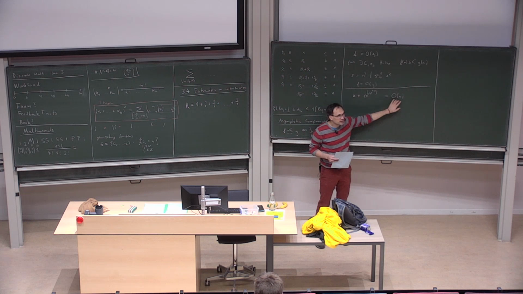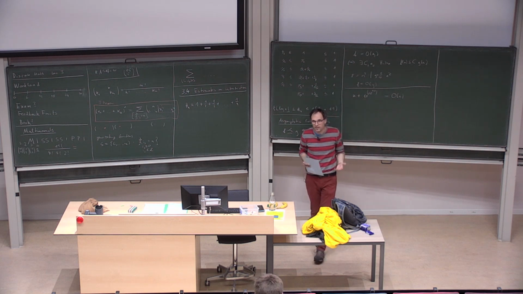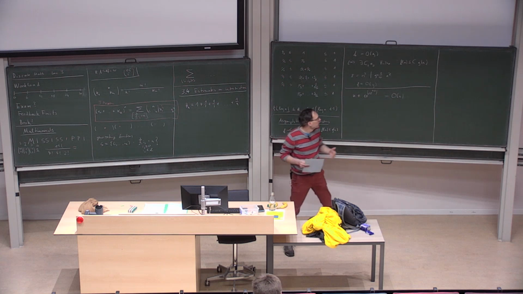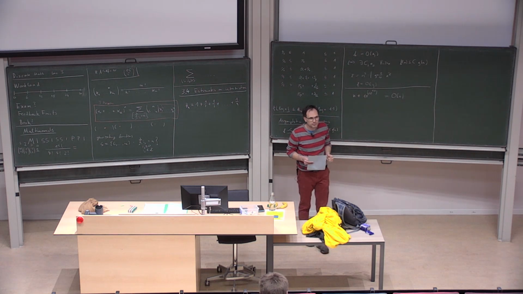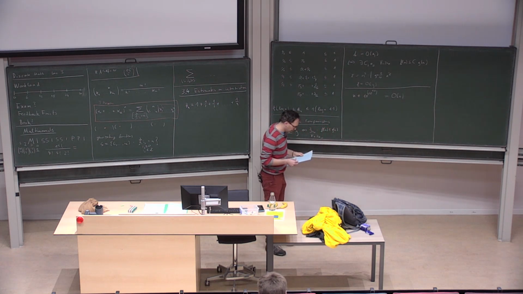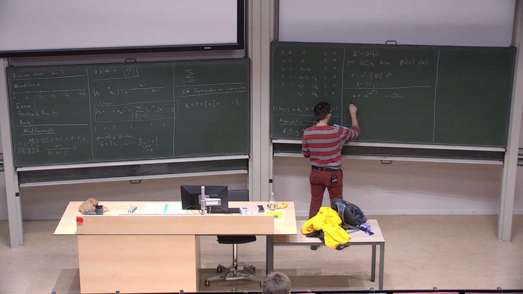But it can still be helpful because you can, for instance, prove the existence of something or show that some probability eventually becomes larger than 0 by just knowing that this is just a constant and we can ignore it.